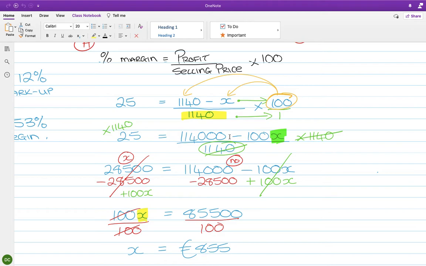And if you do the maths on that, that makes sense. So it's 1140 minus €855 divided by your selling price multiplied by 100. It gives you a 25% margin. Okay.